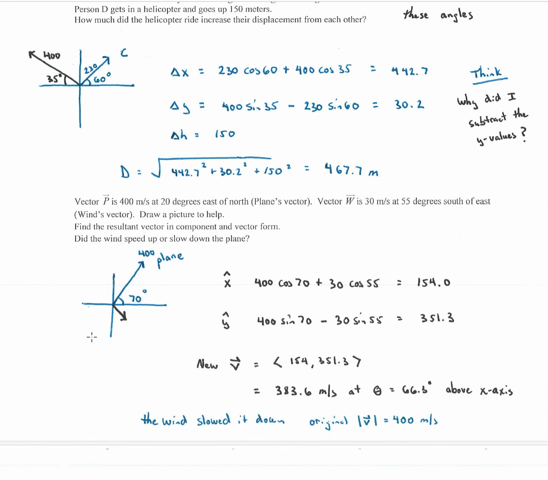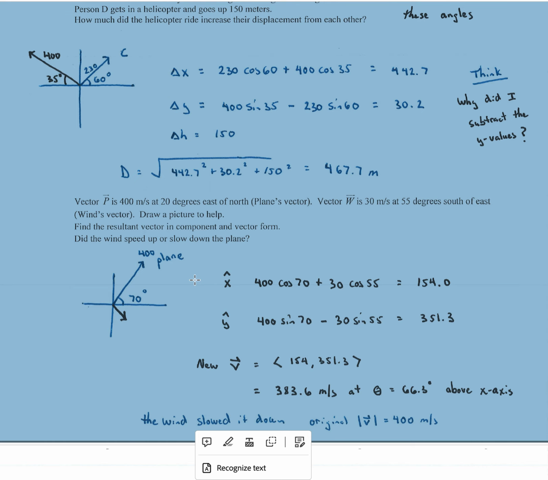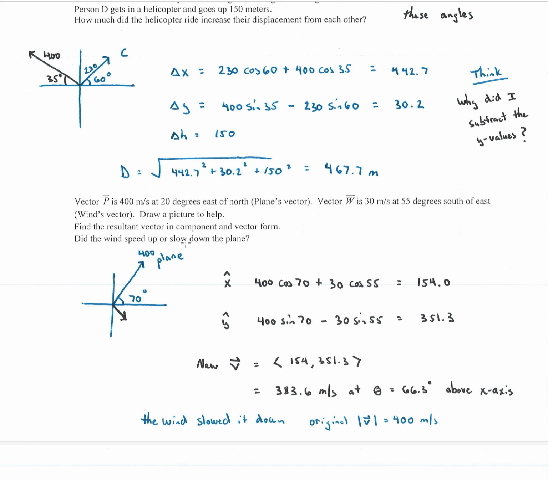All right, this is your classic wind and plane. So I got a plane traveling at 40 meters per second at 20 degrees east of north. I didn't label that. I said 70 degrees because east of north is this top angle. East is right of up. So that's this 20, so I labeled that 70 because it's better.